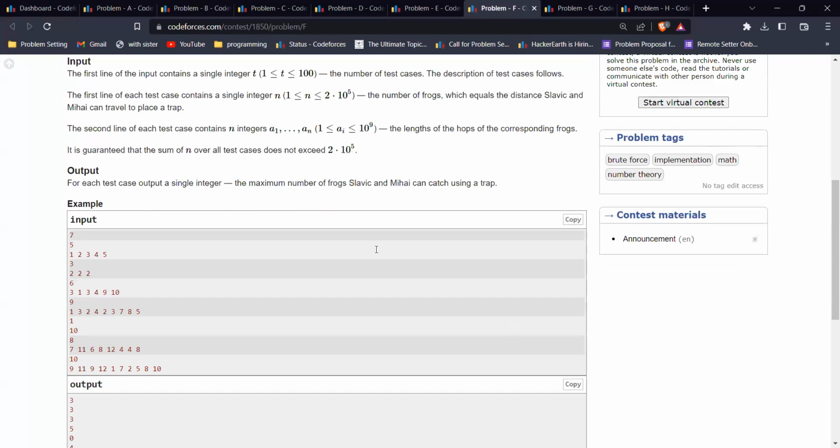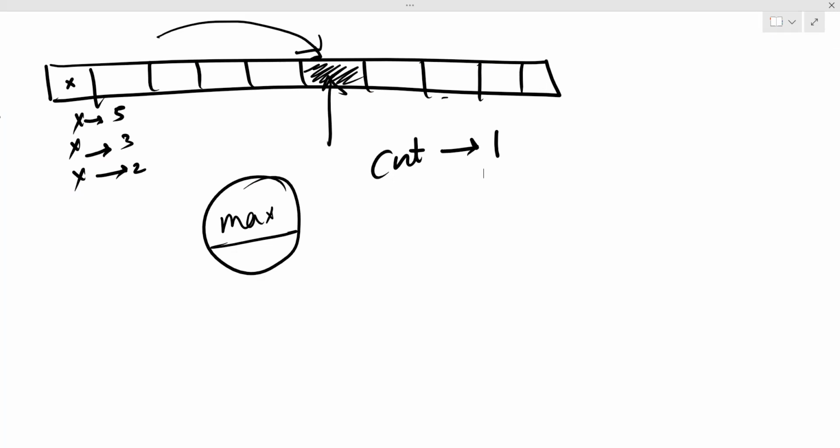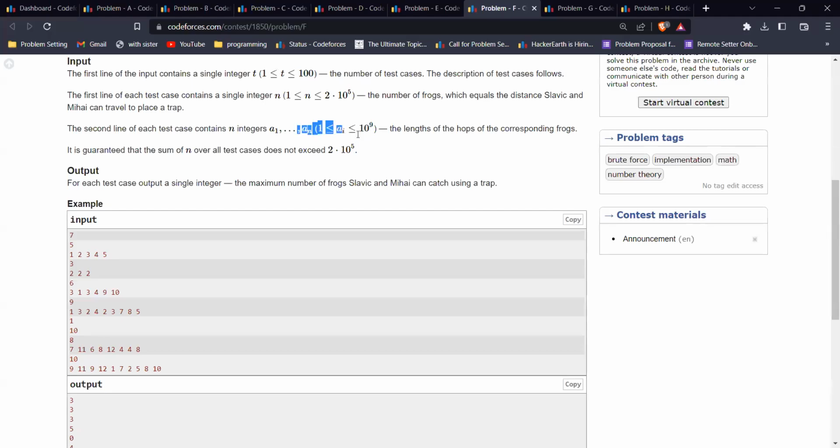So how to do this? First of all, just count how many frogs have an a_i value equal to 1. If we look here, the frogs have values between 1 and n, and n is between 1 and 2 times 10 to the power 5.